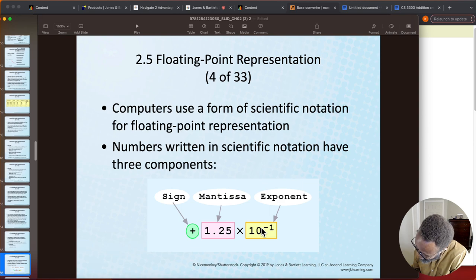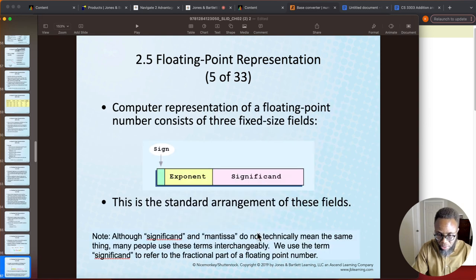So before we get there, the number 0.125 is represented as 1.25 times 10 to the negative 1. So this is the mantissa, and this is the exponent. Again, the mantissa is 1.25. The exponent is 10 to the negative 1. Now, how does a computer store this?